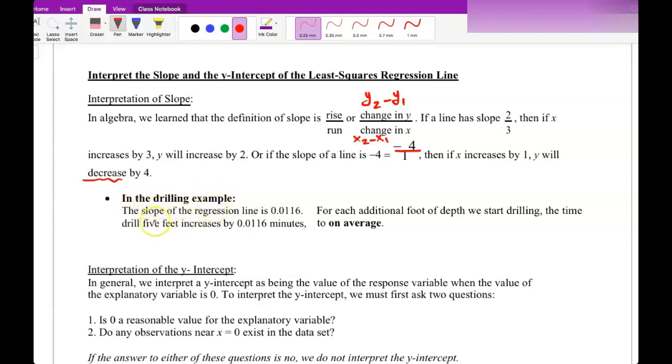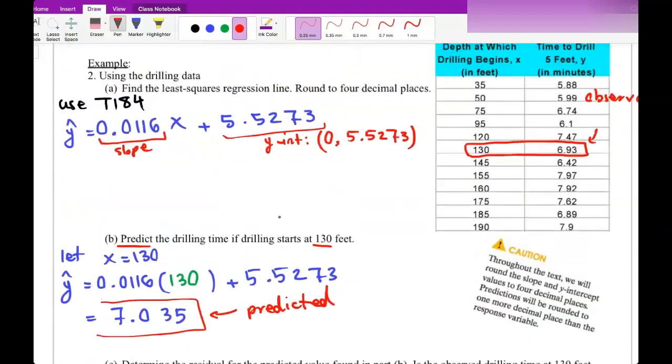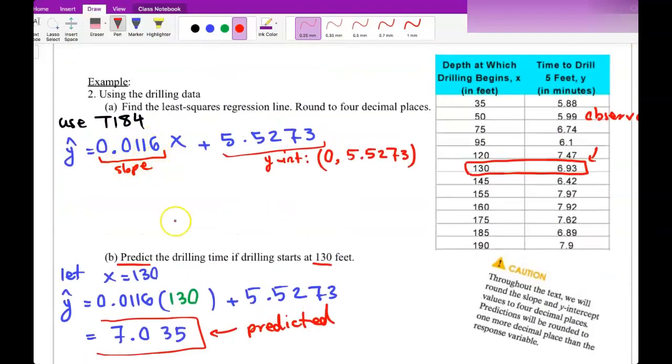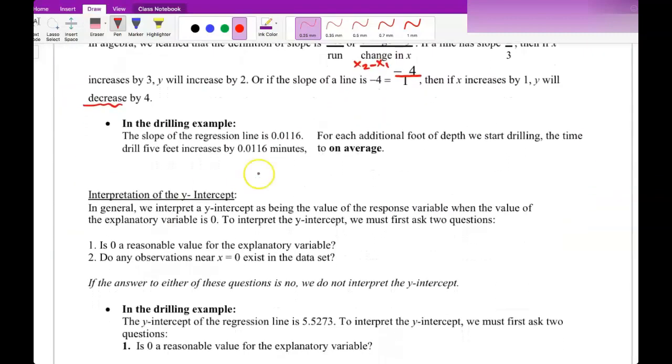In the drilling example, the slope of the regression line is 0.0116. So this is what we had for the slope on this example drilling data.